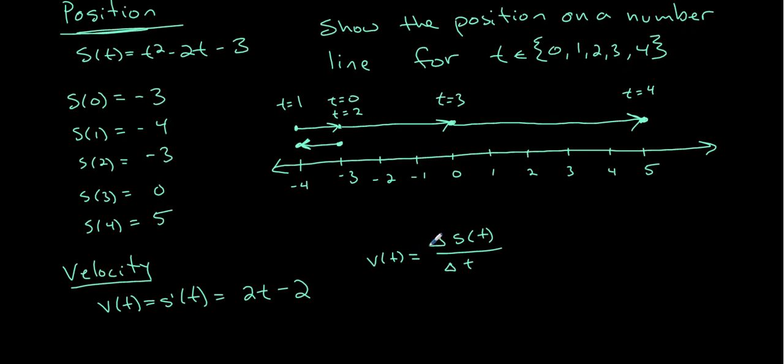So tell me about this velocity up here based on our position. Well, how about velocity between t equals 0 to t equal 1 and t equal 1 to t equal 2? Tell me about that velocity there.